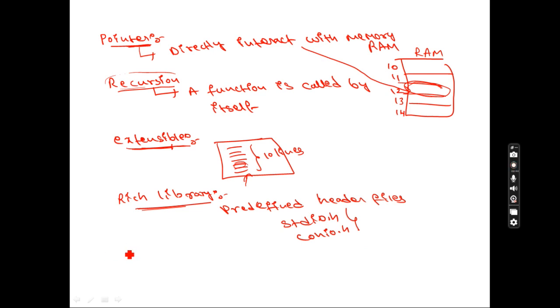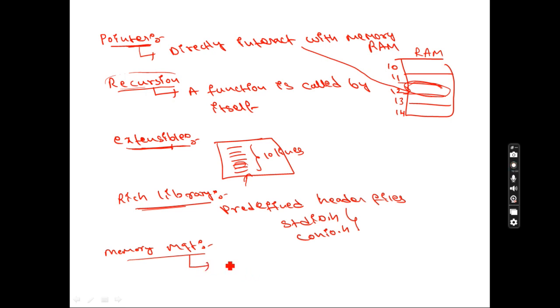The next very important point is memory management. Sir, what is the meaning of memory management? Whenever you want to allocate sufficient memory for the data members or functions, in C language the memory can be managed.